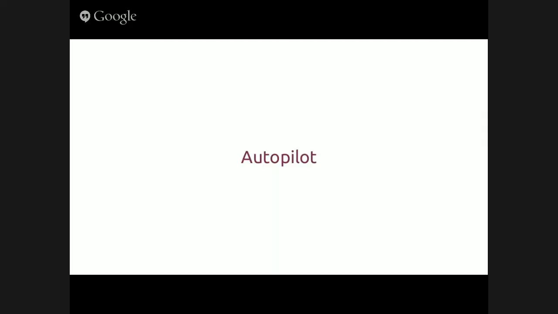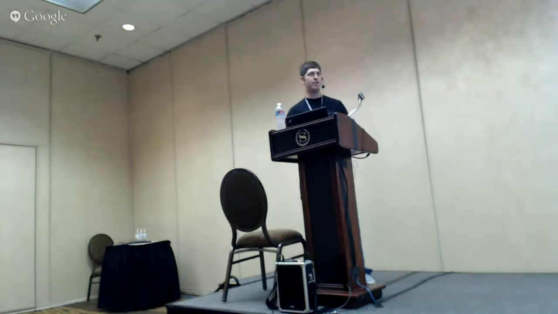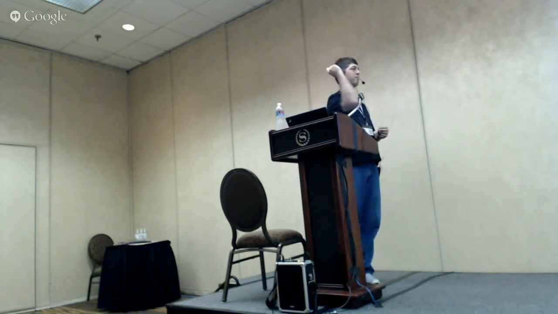But we also introduced something called Autopilot. This was something that was developed several years back, initially to test Unity, and it's been expanded now to test scopes and apps as well. And Autopilot does integration testing. It doesn't test just individual pieces of code in isolation. It tests everything working together. So you write a script that says something like, go press this button, make sure this pop-up comes up.